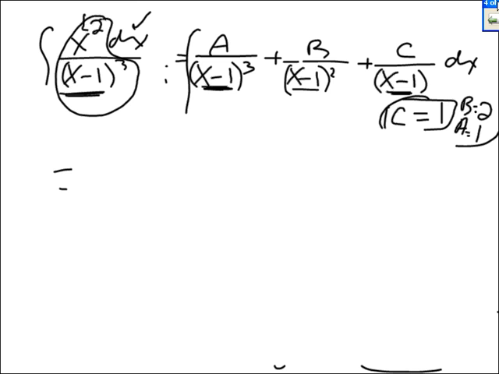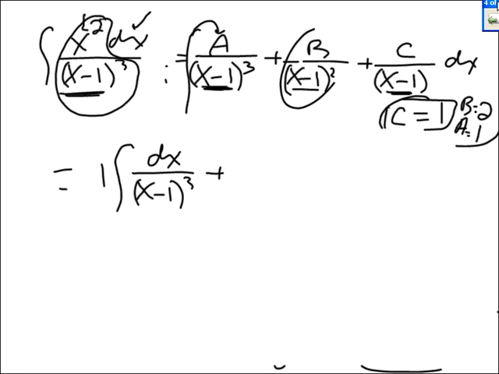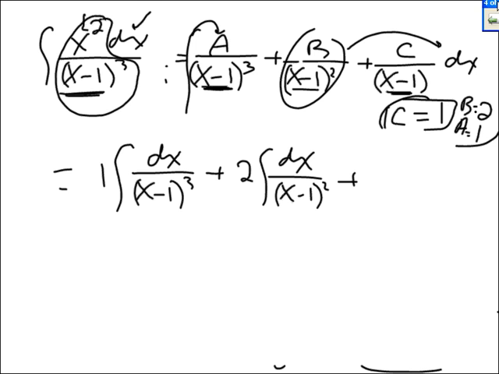So this is equal to the integral of a dx over x minus 1 cubed, and the a comes in front, which is 1, plus the integral of b over x minus 1 squared dx. The b comes in front, and we get 2 dx over x minus 1 squared, plus 1 times dx over x minus 1.